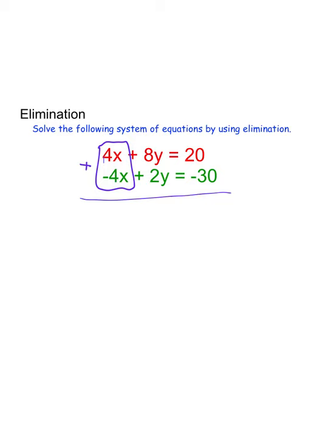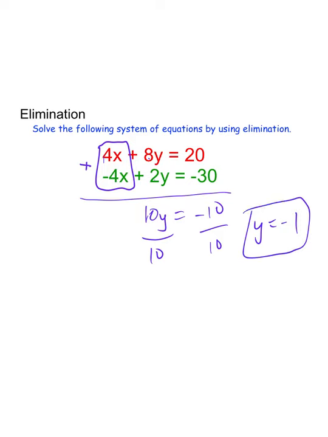So 4x minus 4x, of course, is 0. Okay, so that's gone. 8y plus 2y's is 10y's. Okay, and then 20 and negative 30 is negative 10. So again, we're just adding them. So when we divide by 10 here, just like that, we have solved for y. Okay, so y is a negative 1.